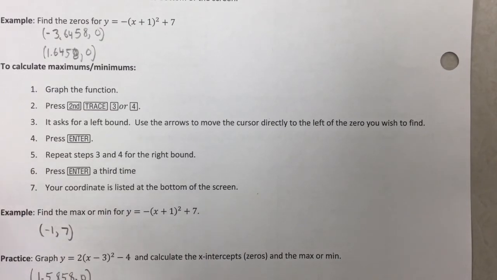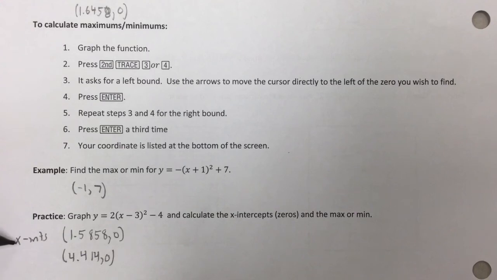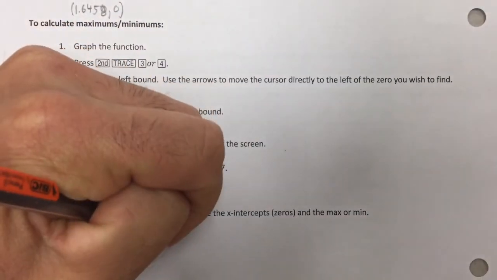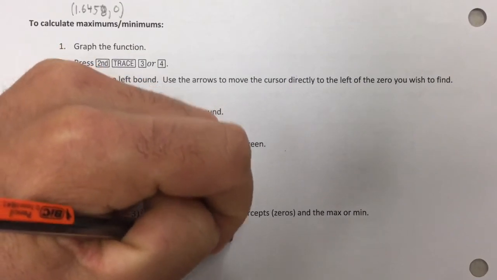Those were your x-intercepts. So you should have gotten the x-intercepts to be 1.5858, comma 0, and 4.4141, comma 0. And your minimum, this one had a minimum, so you had to do second calc minimum, was 3, -4.